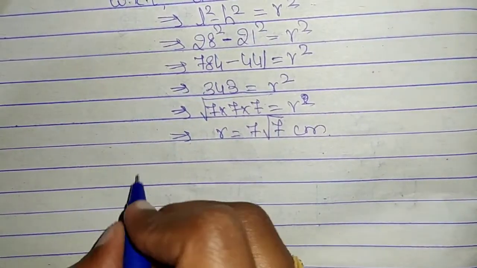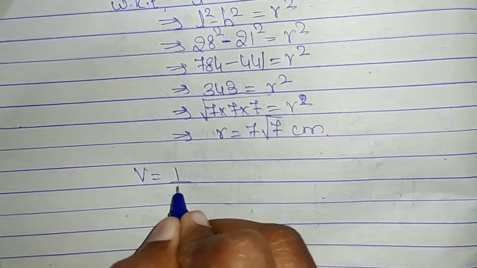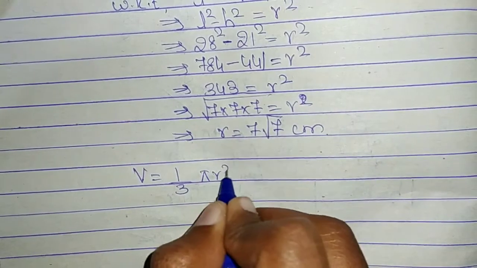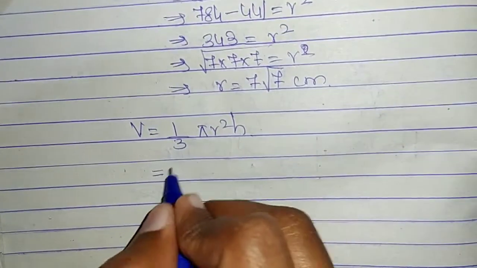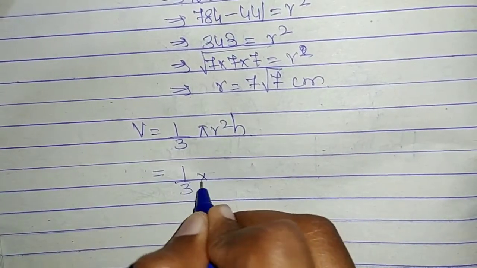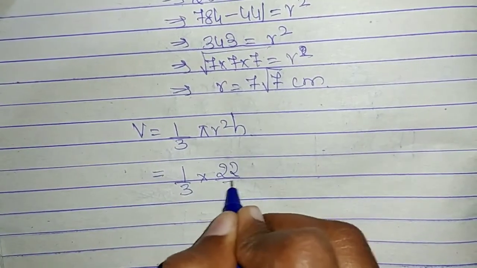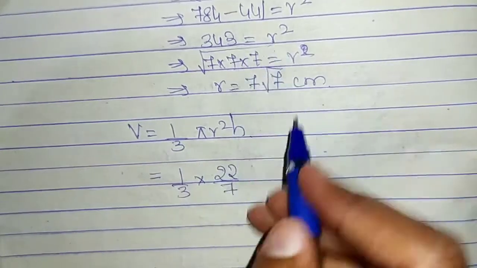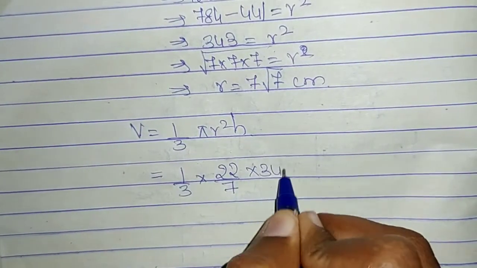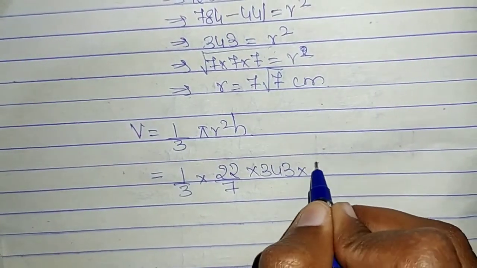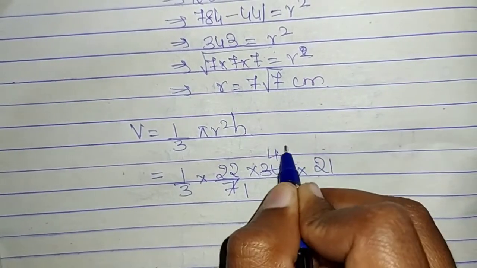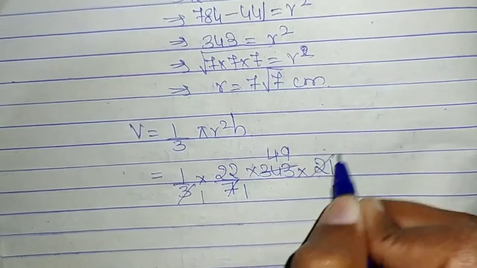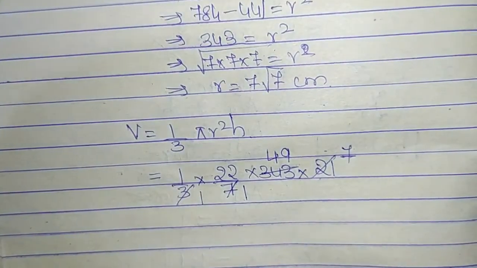So now to calculate the volume, we know that volume is 1 by 3 pi R square h. So this is equal to 1 by 3 into pi, which is 22 by 7, into R square, which as we saw earlier is 343, into height 21.